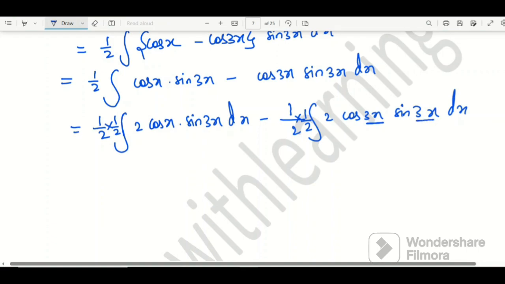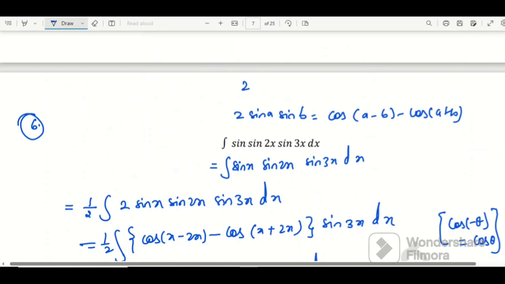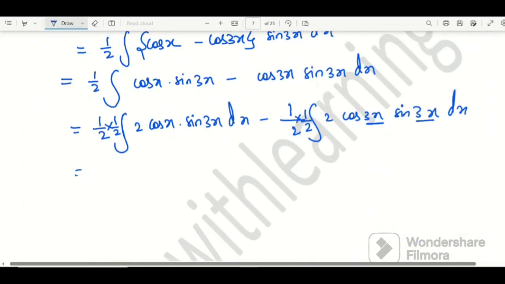So once theta is same, we can directly apply the formula 2 sine theta into cos theta, sine 2 theta. So it will be 1 by 4. The formula of 2 cos a sine b will be sine a plus b minus sine a minus b.